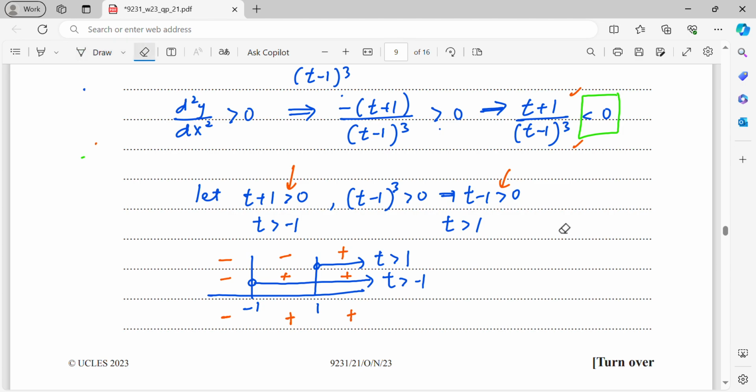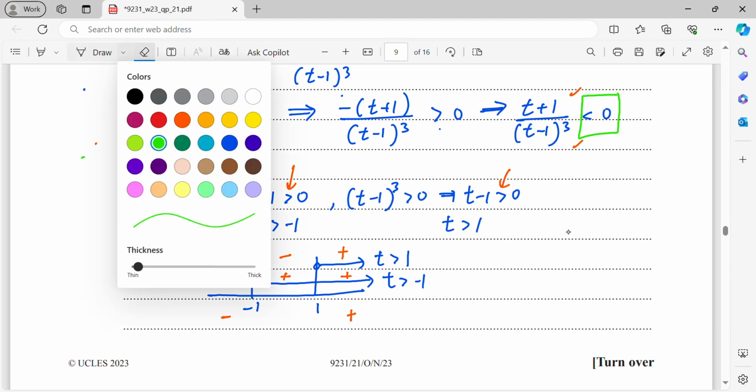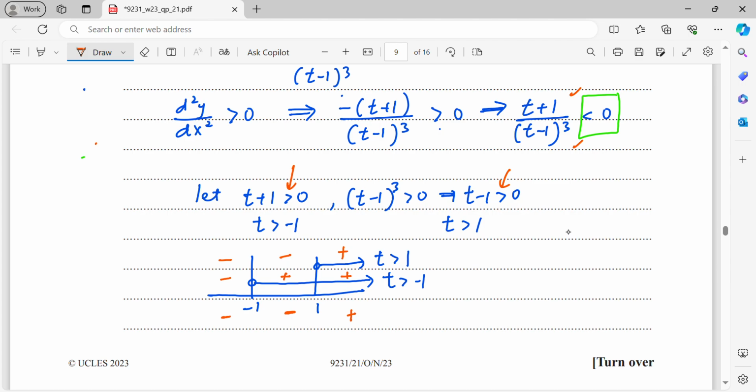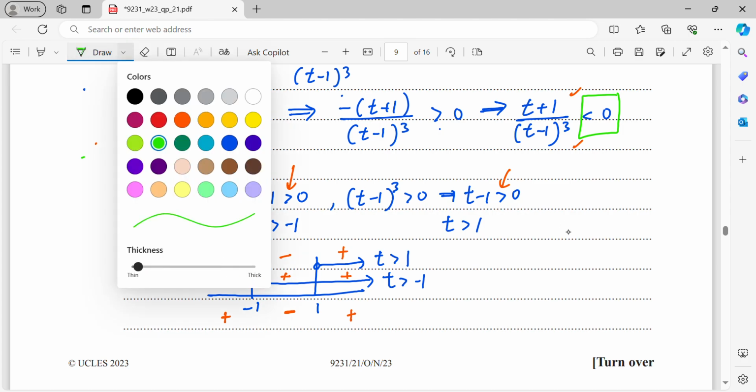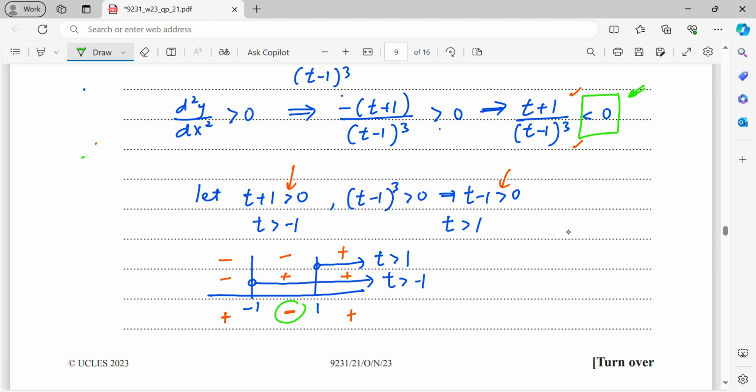Oh, sorry, I overlooked. Minus plus is minus. Minus minus is plus. Minus times minus is a plus. Minus times plus is a minus. So because of less than 0 here, our answer is between -1 and 1. So here, supposedly, I get -1 and 1 from the number line.